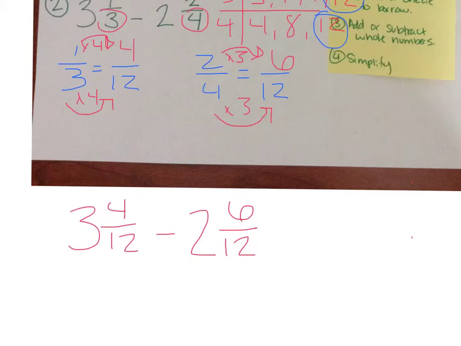So we create a onesie by borrowing. Remember we talked about borrowing. We cannot subtract 6 from 4, so we're going to look at our 4, and we're also going to look at our 3. The 3 is the important number here. That's how we have to borrow. So we take 1 away from 3, and we make the 3 be a 2. Now we create our onesie.